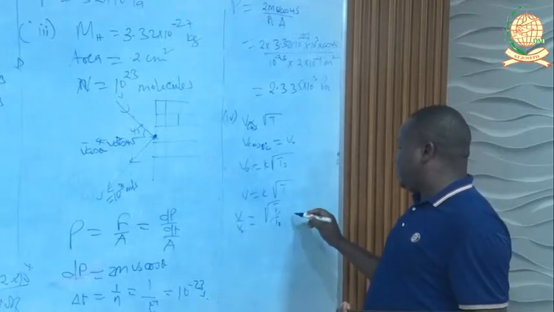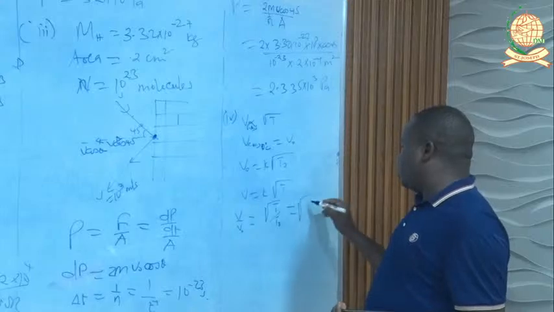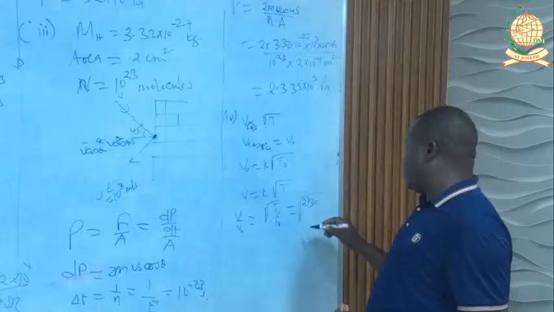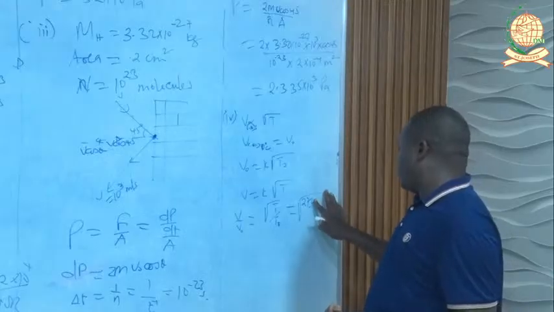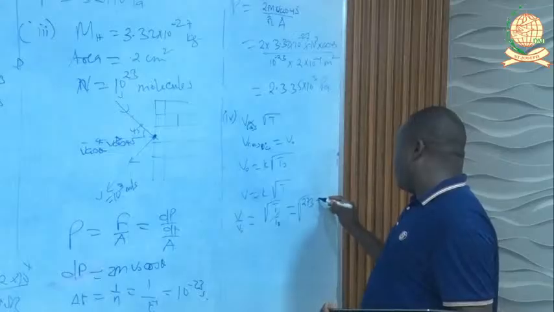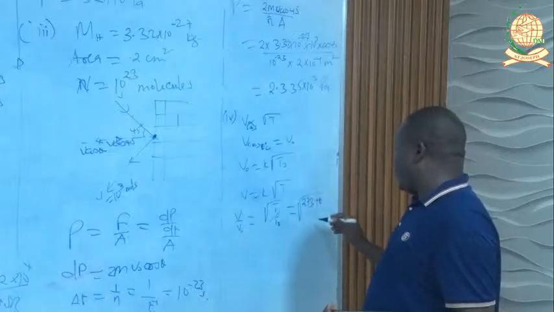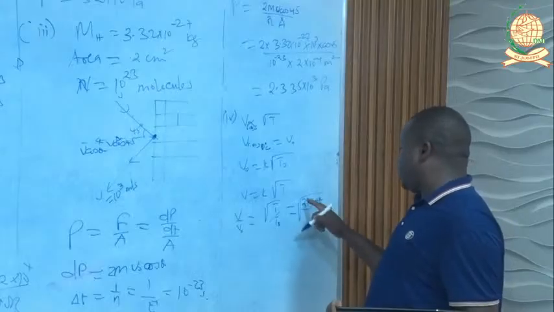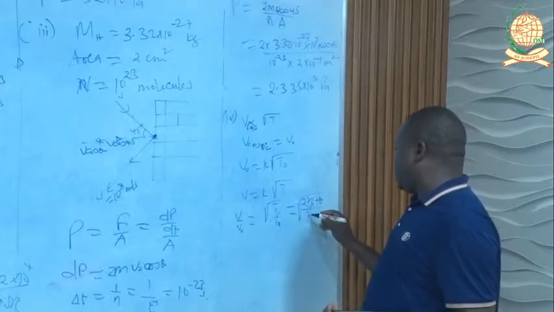For T, this will be equal to 273 Kelvin plus theta in Celsius. While T0 is 0 plus this one, which is 273.